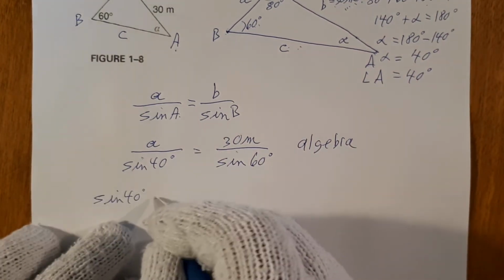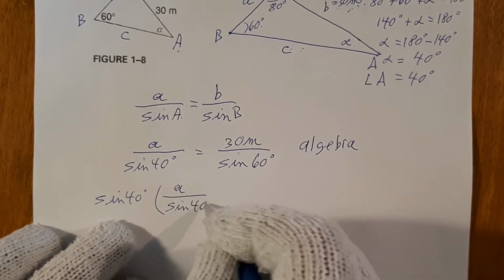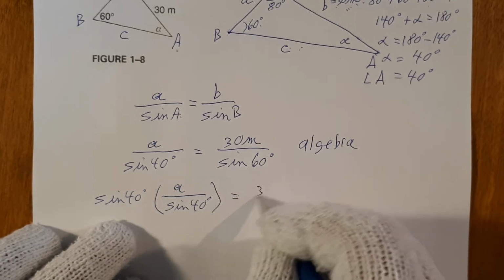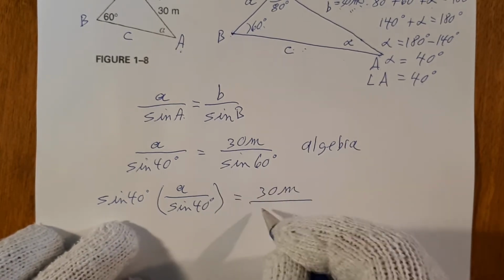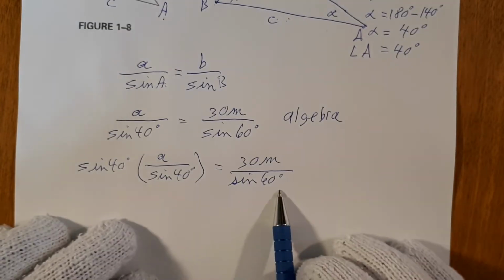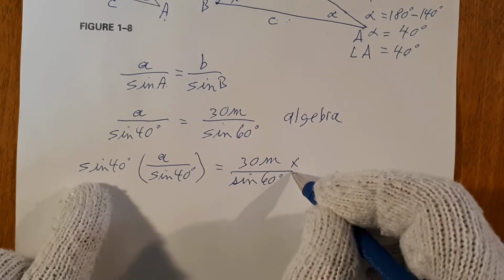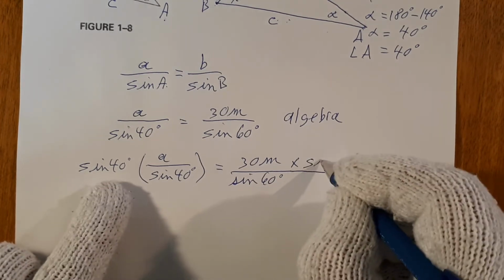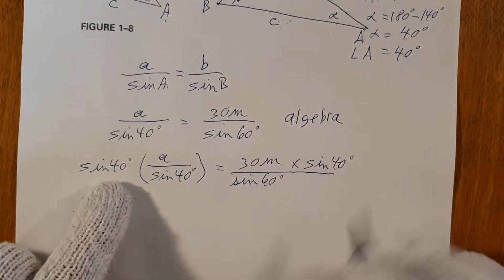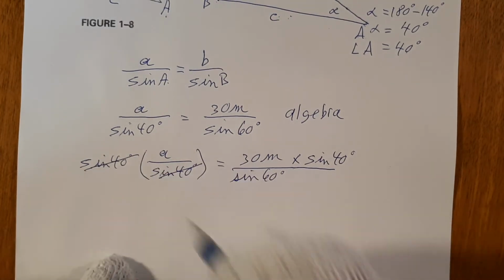Sine of 40 degrees times A divided by sine of 40 degrees is equal to 30 meters divided by sine of 60 degrees. But whatever we do to the left-hand side, we have to do to the right-hand side. So we have to multiply the right-hand side by sine of 40 degrees. Over here on the left, the two will cancel out.